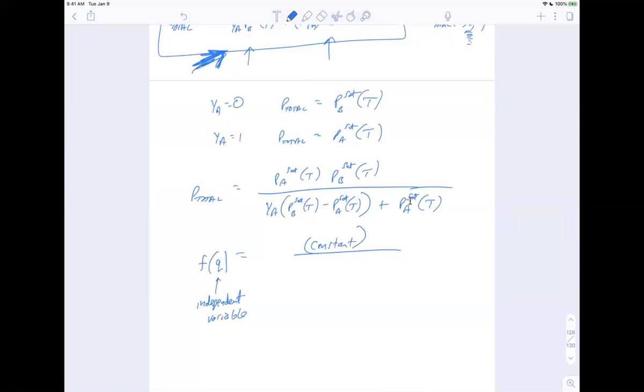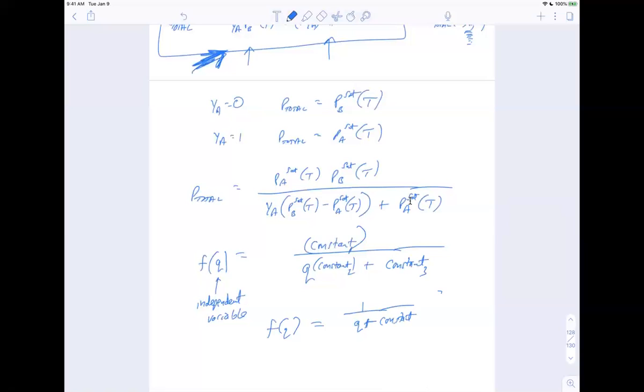And then this is going to give us Q, which is YA. In this case, YA is going to be our independent variable. So it's just going to be Q times some constant, plus another constant. So let's say this is constant 3, this is constant 2, and this is constant 1. So what we see here is that f of Q is something that goes as 1 over Q plus a constant.